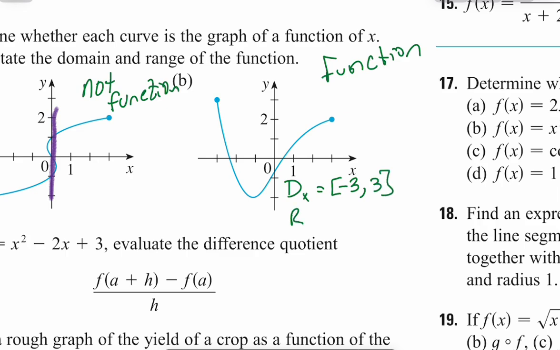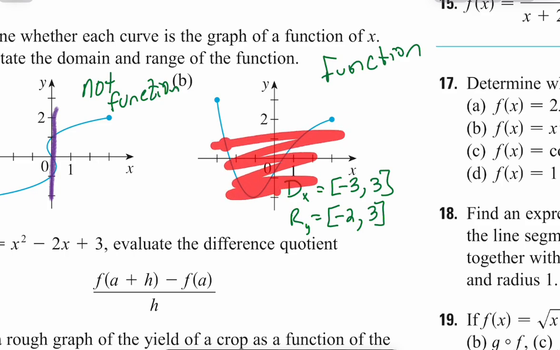Our range, since they didn't leave their pencil up at all, it's continuous, and its lowest value appears, and you're just going to have to guesstimate, and I'll understand that, to go to -2. Its highest value appears to go to +3. And then it would be all the values in between. Okay.